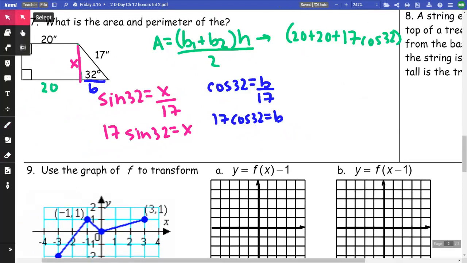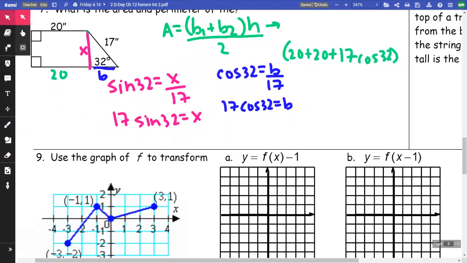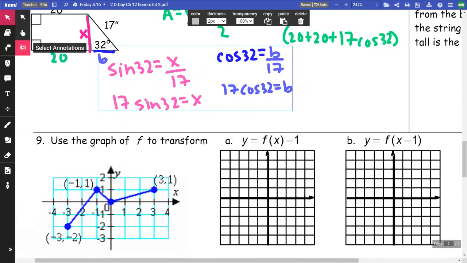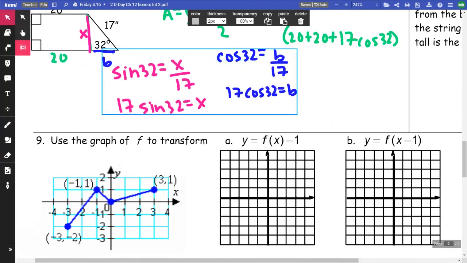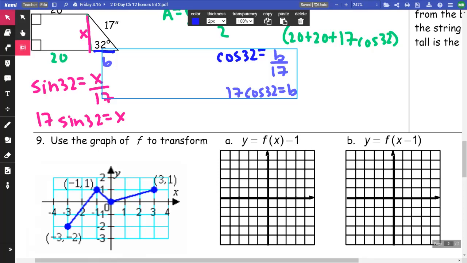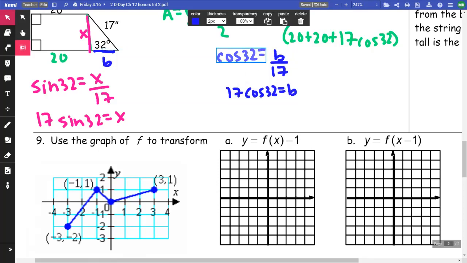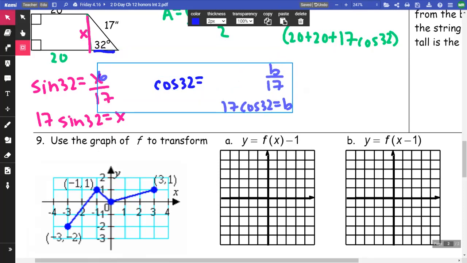Let me move this. Okay, so let's see. See if I can move this.